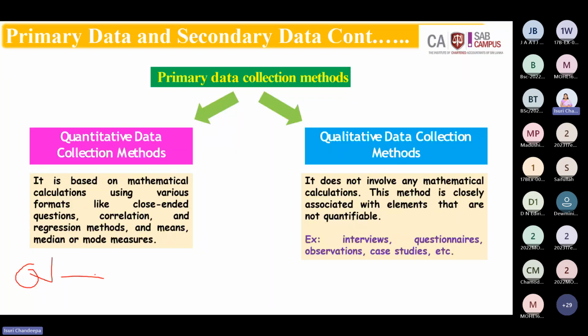If it is a qualitative research, definitely you can refer the primary data. So then if it is a quantitative research, you have two options. You can collect either primary data or else you can collect the secondary data.